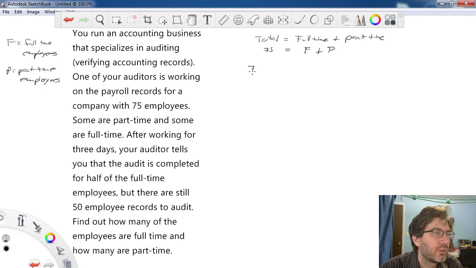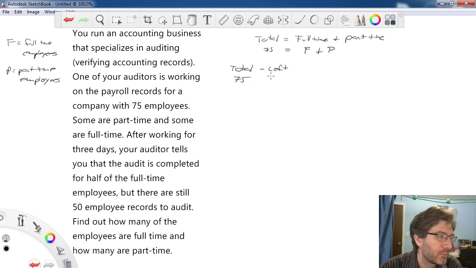After we've covered 75, the total minus what we covered, we'll write in words first. We can take the total minus what's left, and that's going to equal how many are done.